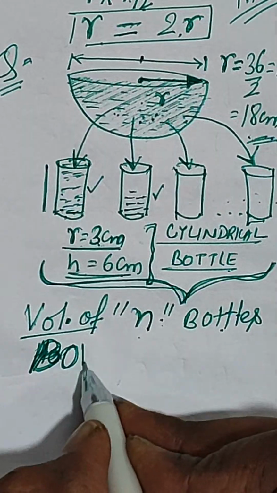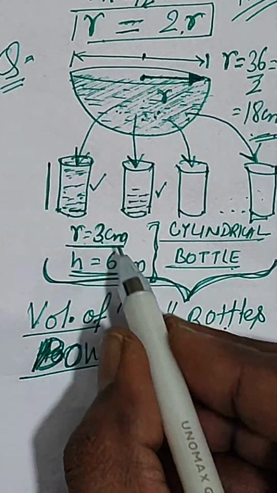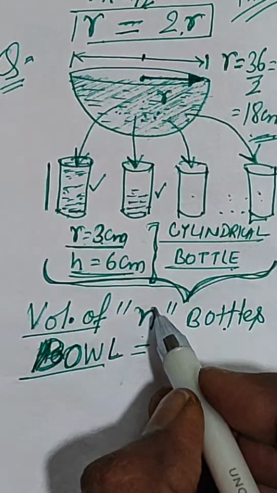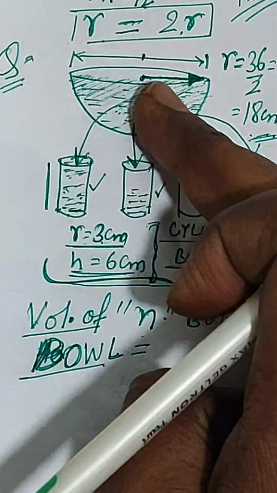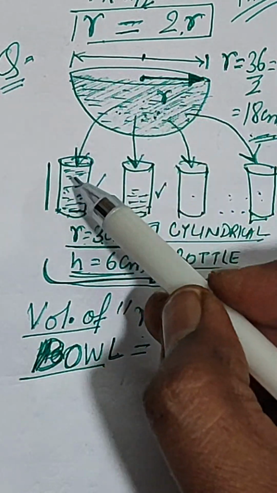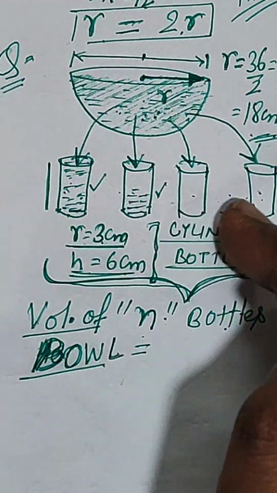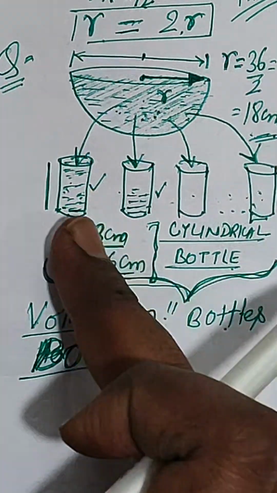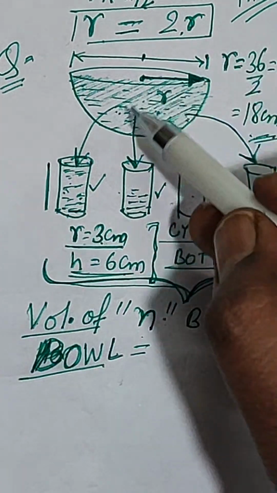The volume of the bowl will be equal to the volume of n such bottles, isn't it? The entire liquid will be used to fill n such bottles. It has been asked how many such cylindrical bottles are required to empty the bowl.